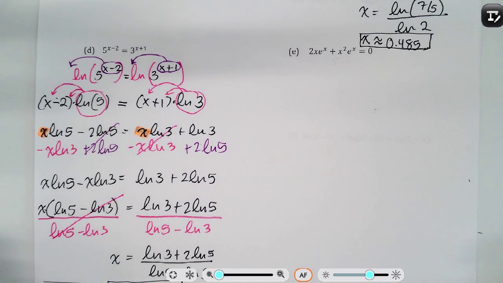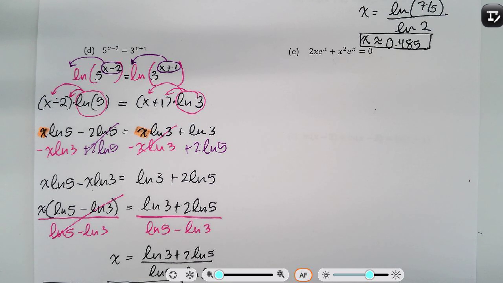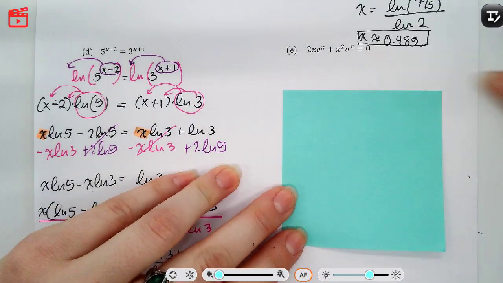Okay, let's see. Options here. Well, I could set both sides equal to 0. But then when I do that, I'd have a problem. Here, I'll show you what my problem would be. Okay, I could set one side equal to the other side and try to take the natural log of both sides.